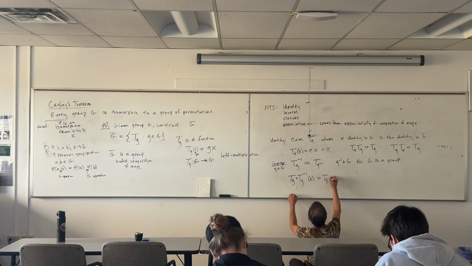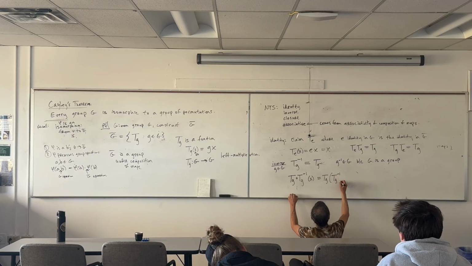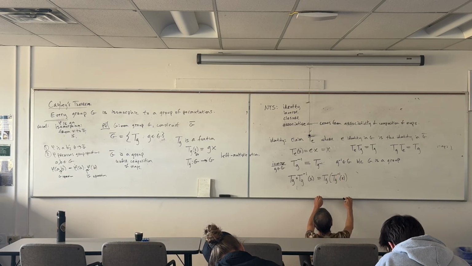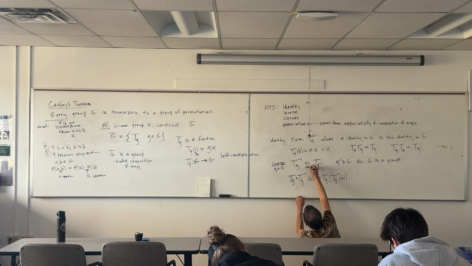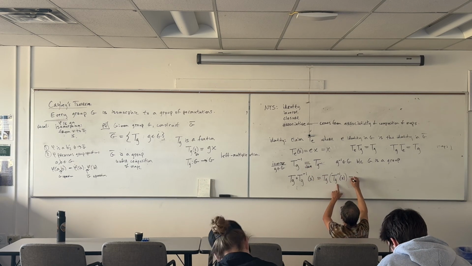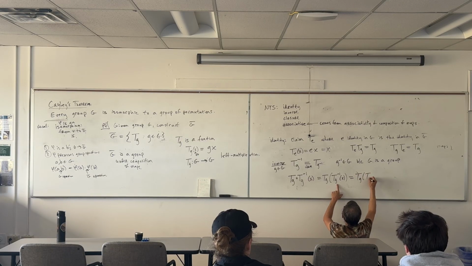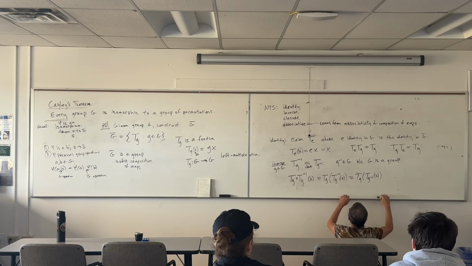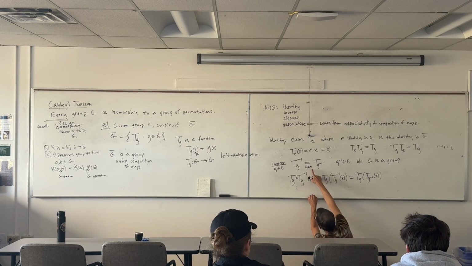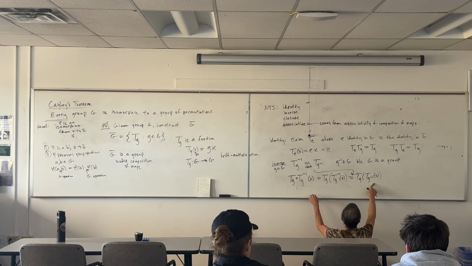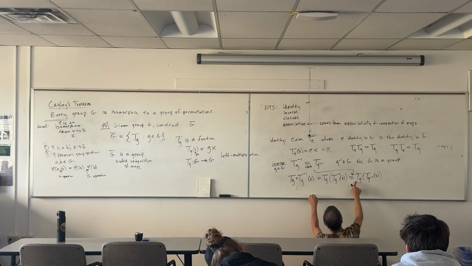This is T G of T G inverse of X. Then let's use our claim, T G inverse of X. I'm just going through the definitions, using that claim right here. And now I'm going to write out what this is. This map here, T G of something, is equal to G times that something.